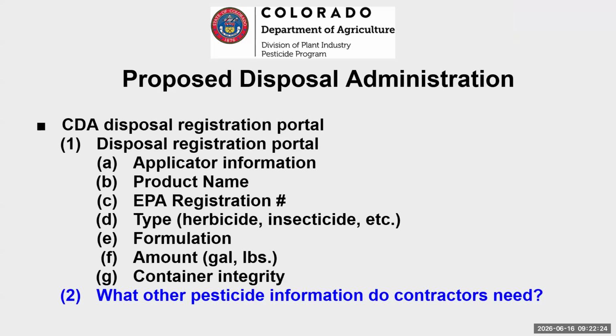For disposal, we really don't need an EPA registration number. Typically, on an inventory, we would need to know the product name if they know it. A lot of times it'll be unknown because the labels have been destroyed or lost. If it's a liquid, the number of 2.5 gallon jugs or drums or totes, and if they can estimate the total volume of liquid.